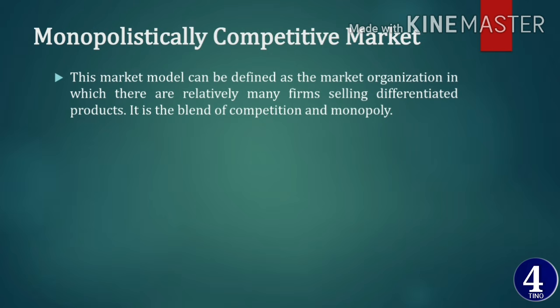Because of that fact, a given seller of a given food, for example, will become a monopoly. That's why we say monopolistically. Monopoly of that product, because it is slightly different from other products being sold by other sellers, which are many in the market.